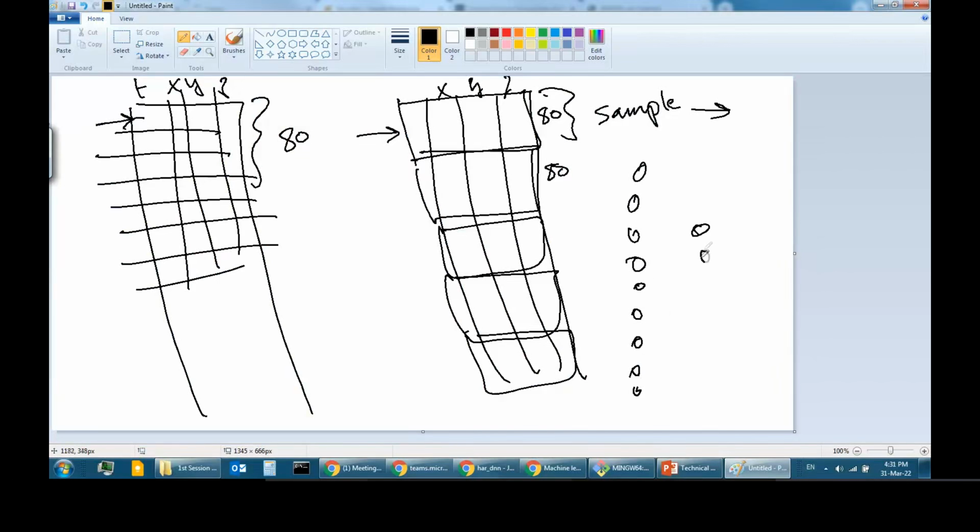So you bring one sample, it will be flattened to 240, and the 240 will be fed into the first layer, then will come to the next layers, and we will build the layers together. Okay.